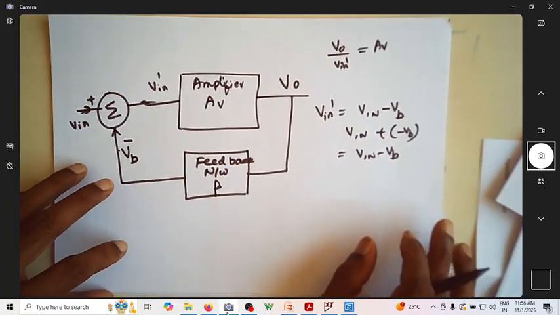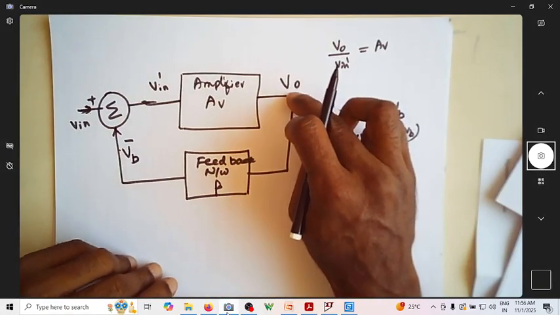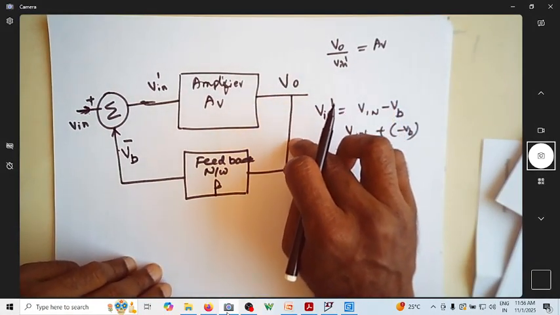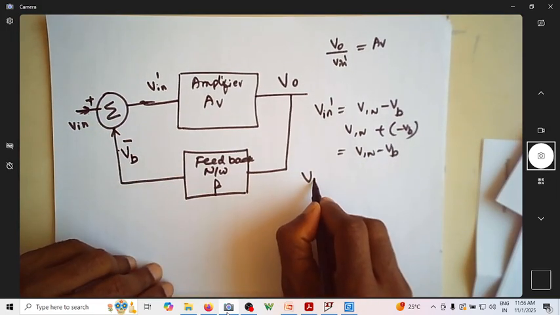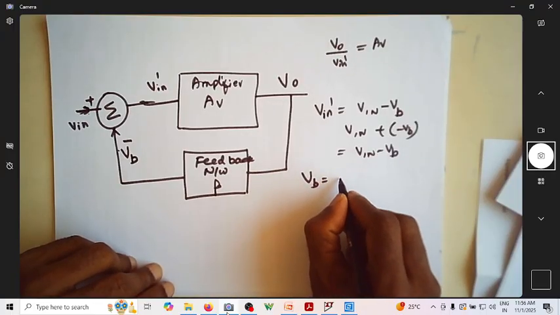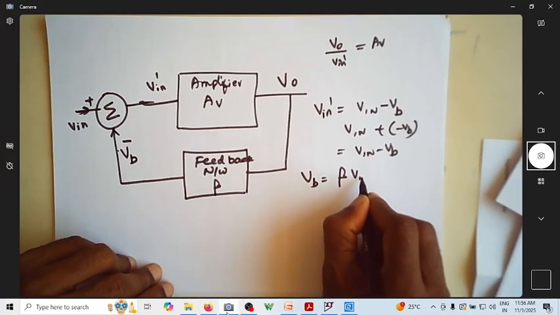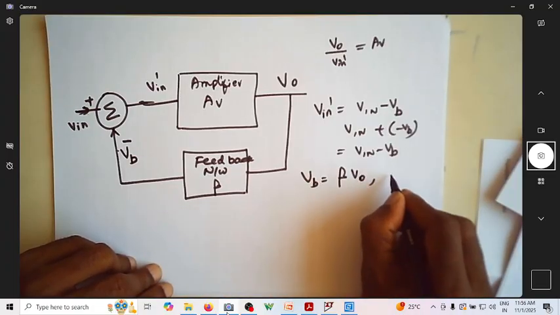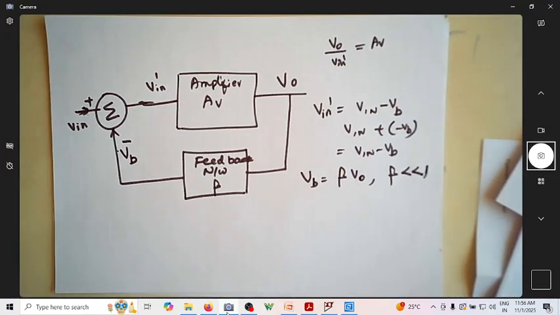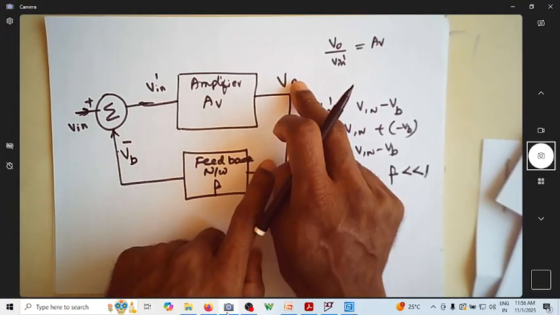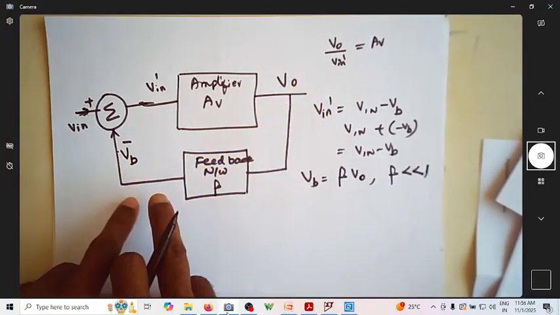We are actually feeding a portion of the output voltage back to the input. So VB is beta times V0. Usually beta is far less than 1. Meaning if the output is 2 volt and you apply only 10% of it, then it is 0.2.